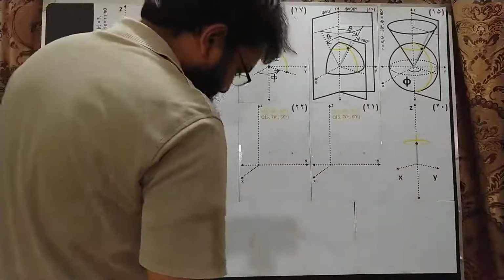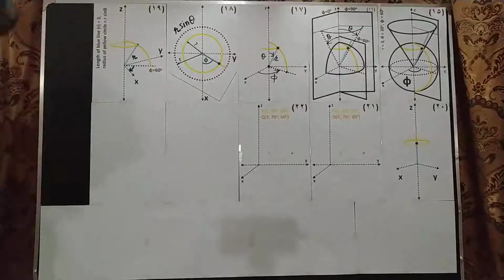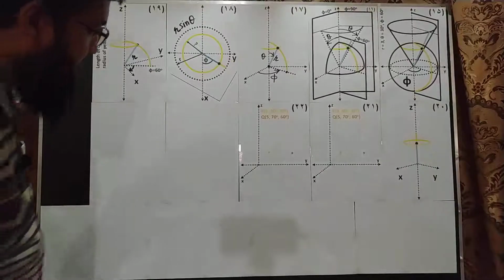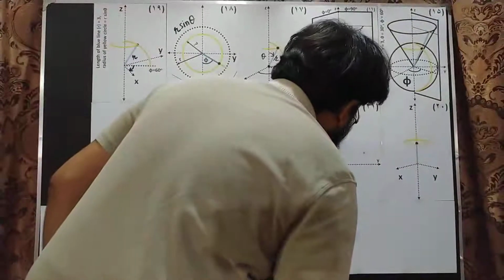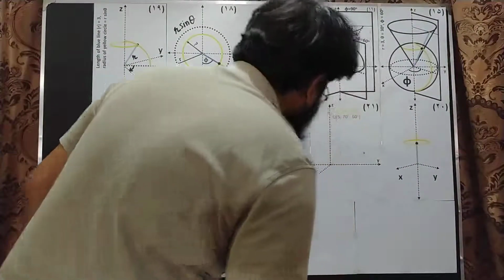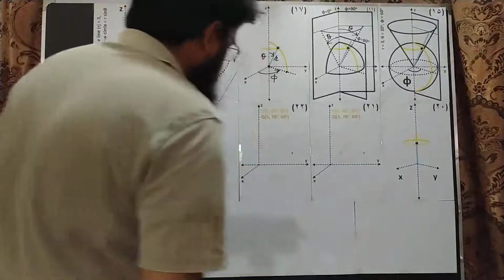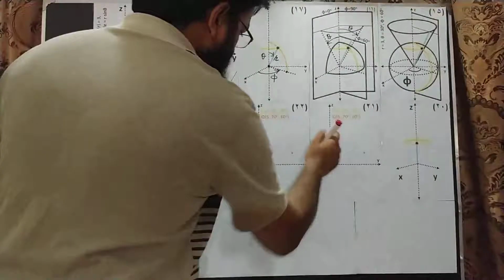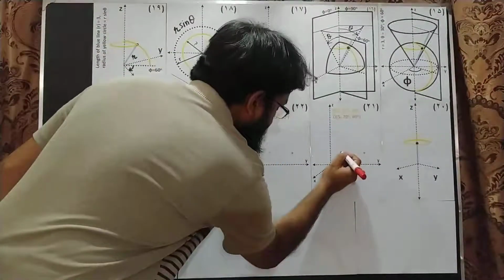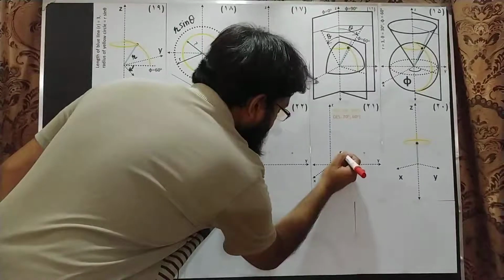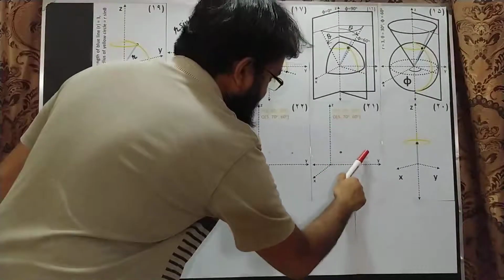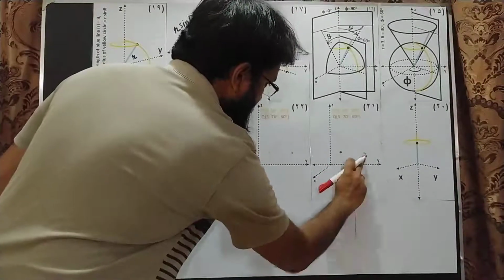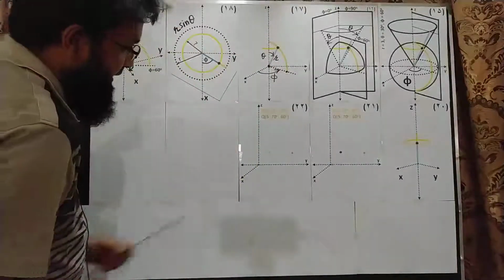Okay, so here we go. Here we have point P, and here we have point Q. I'm sure you're able to see it.